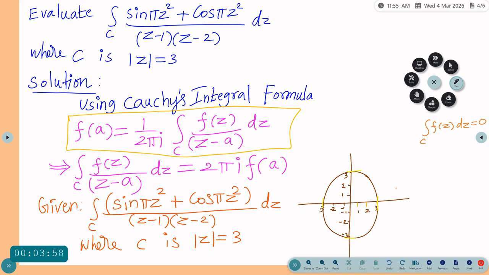Given is integral over C of sin pi z square plus cos pi z square divided by z minus 1 into z minus 2 dz, where C is modulus z equal to 3.